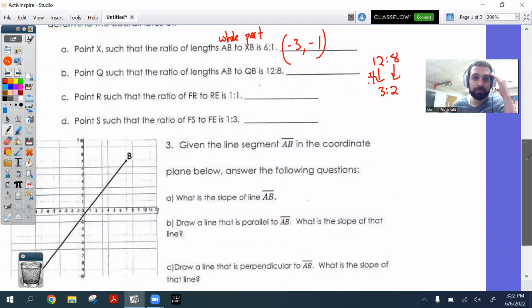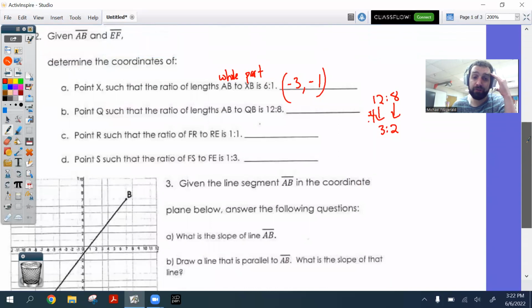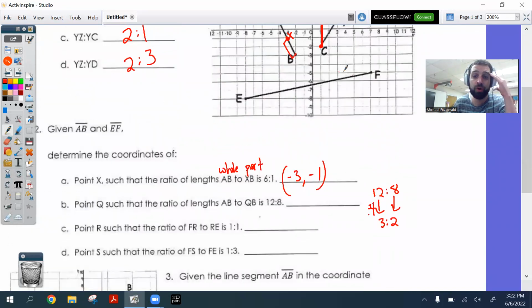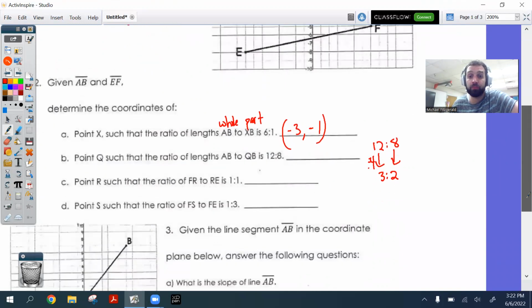All right. Point R such that FR to RE is 1 to 1. So that's on this line now. 1 to 1 just means we're splitting this in half. Splitting it in half means midpoint formula.